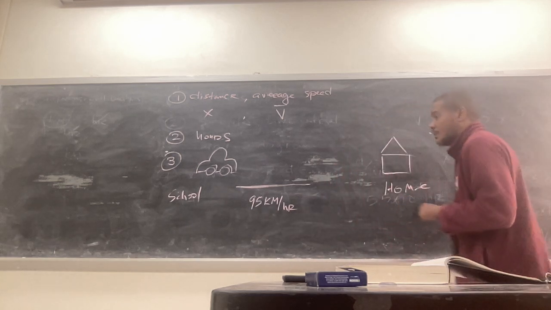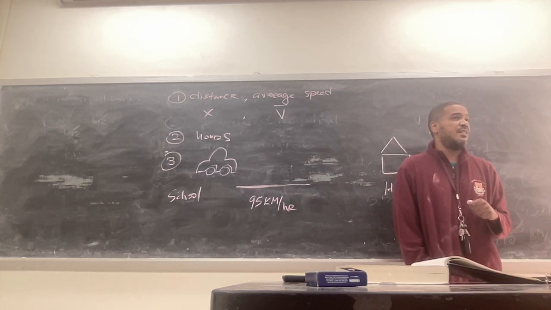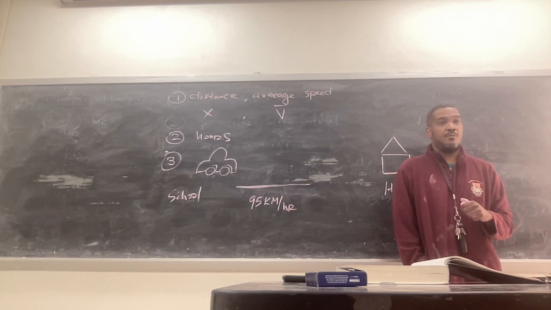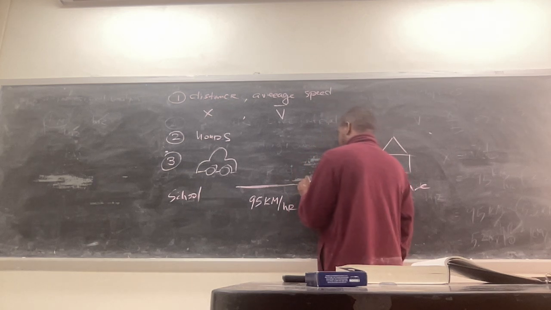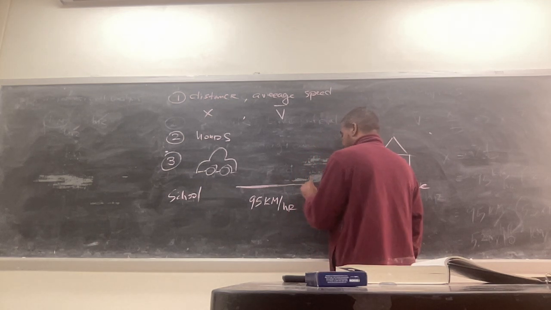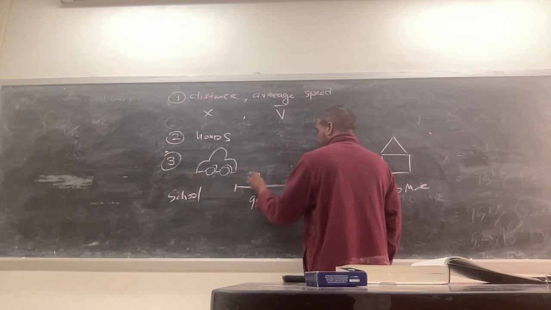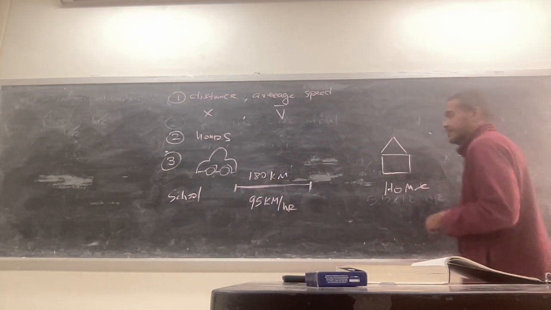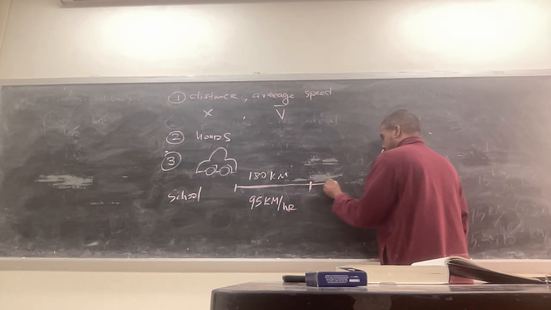And what else does it tell you about that? Doesn't it give you distance or something? 118 kilometers. So from here to here is 118 kilometers.